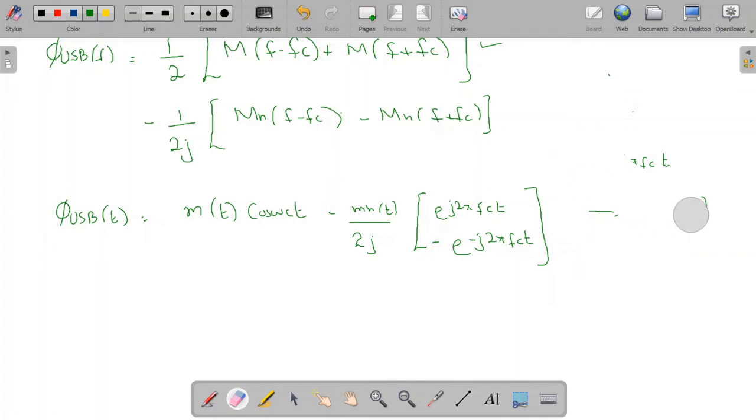Let me name it as equation 4. Now this e power j2 pi fct minus e power minus j2 pi fct divided by 2j is equal to sine omega ct.